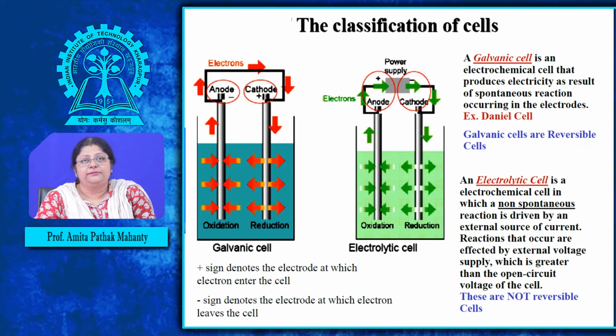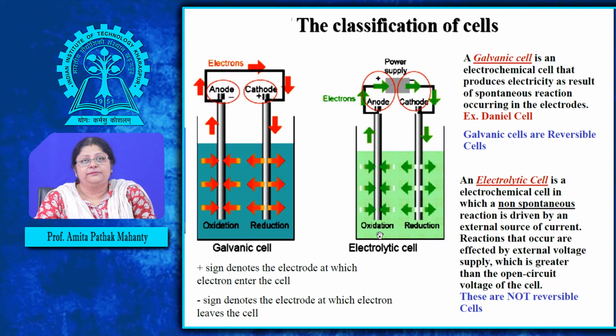The reaction occurs by the effect of an external voltage, or the supply of some source of voltage, which is greater than the open circuit voltage of the cell. Means whatever circuit voltage is associated with the circuit, the supplied voltage should be greater than that. Only then will the otherwise non-spontaneous reaction take place.